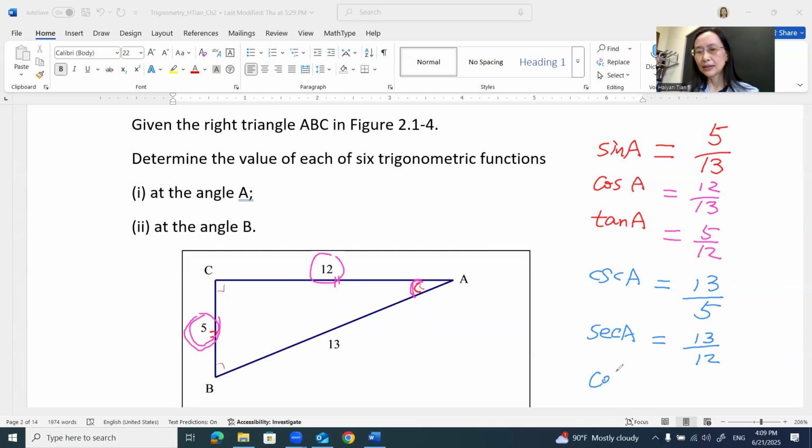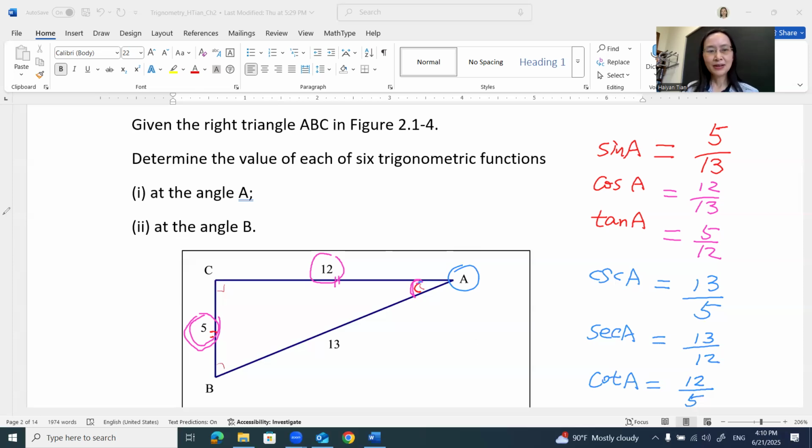And cotangent A is x over y, or the side adjacent over the side opposite the angle A, which is 5. So yeah, we have found for this acute angle A, right, all 6 trigonometric function values.